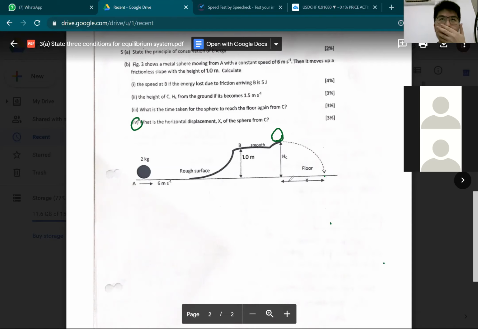At the instant when the ball started to fall, it has a horizontal velocity, meaning it's moving forward. We label it as VC, Vx, meaning the velocity in the x-axis, the horizontal velocity.